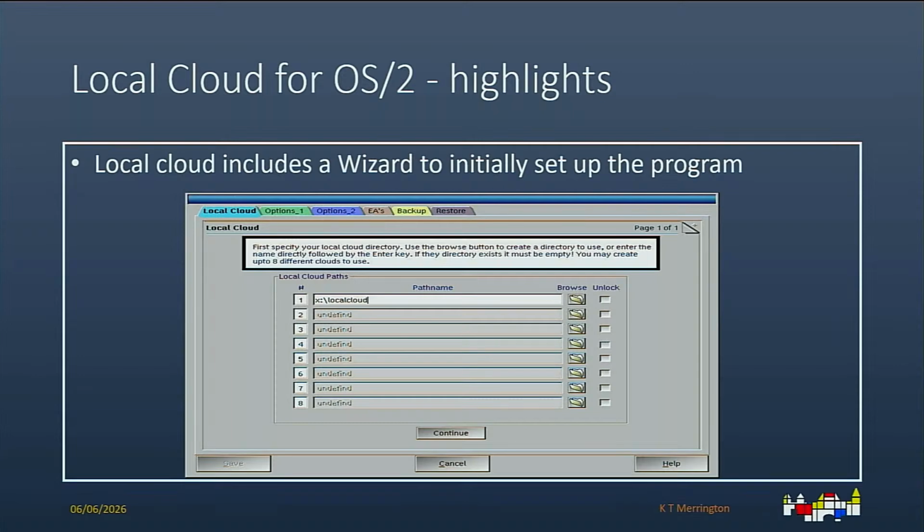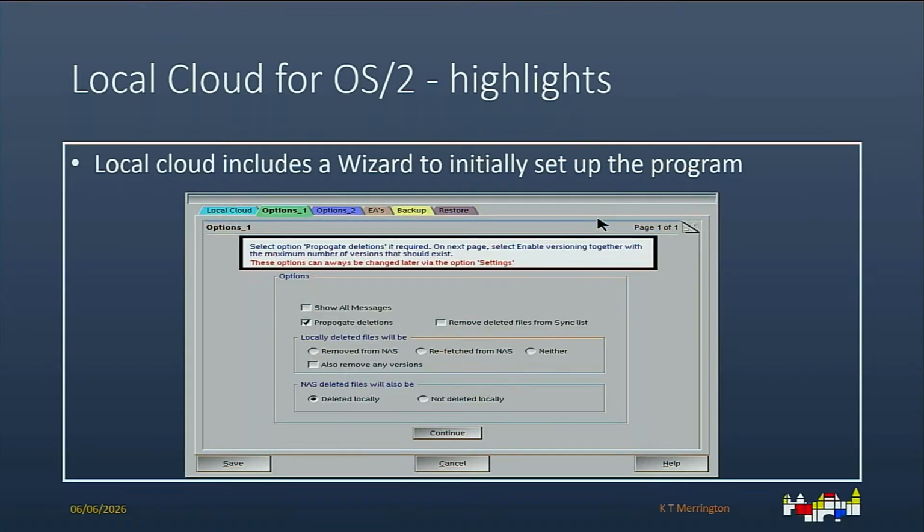Here you see, in fact, 8 local cloud definitions. Once you fill the first definition in, it goes on to the second one, which are options. Do you want versioning, and so on and so forth. It takes you step for step through the setup.